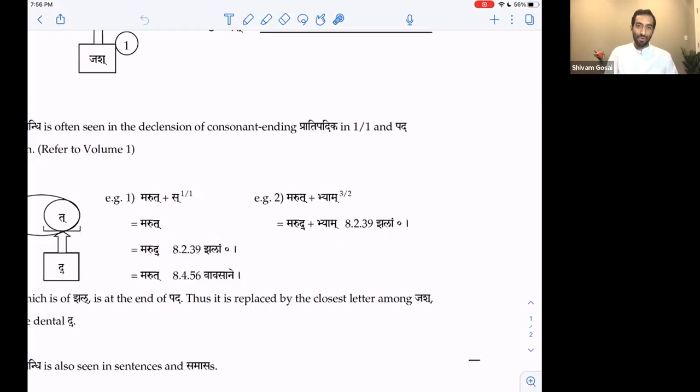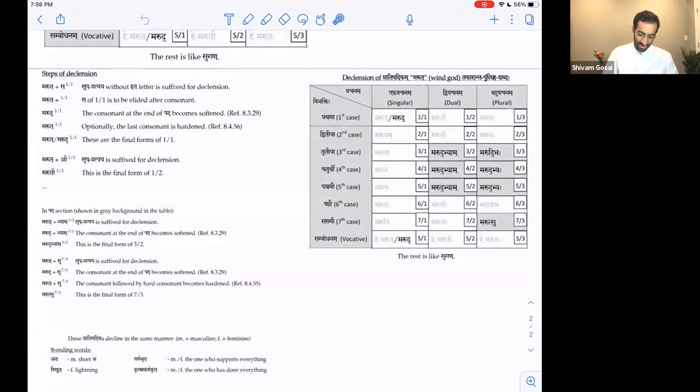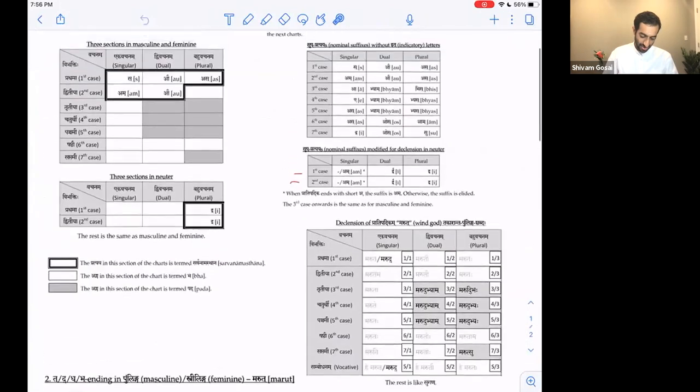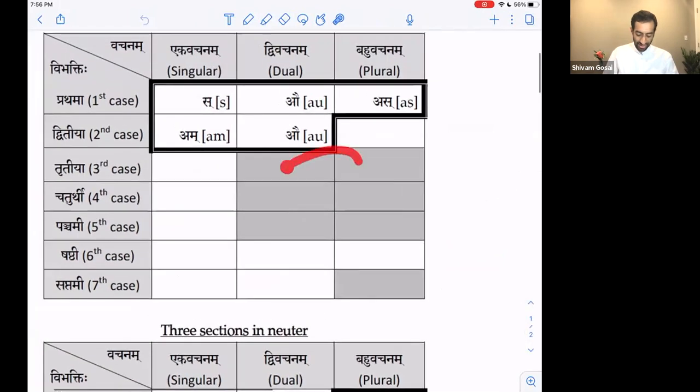For that, we have to remember what we learned at the beginning of the lesson. In that, we have 3 sections. If it's in this gray section, it's called what? Pada. So the anga, what's before that suffix, gets the status of pada.